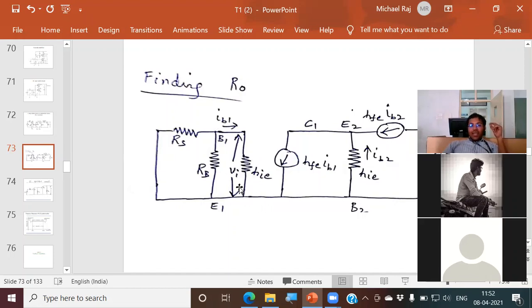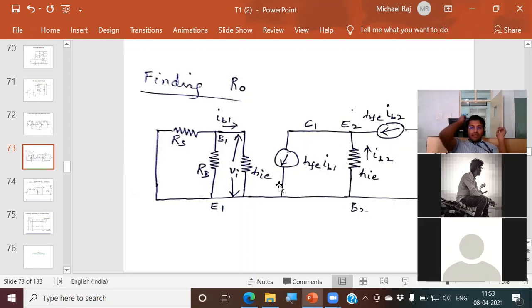Can anybody tell me the overall KVL equation here? Only two terms, right? One is HI, another is RS parallel RB.